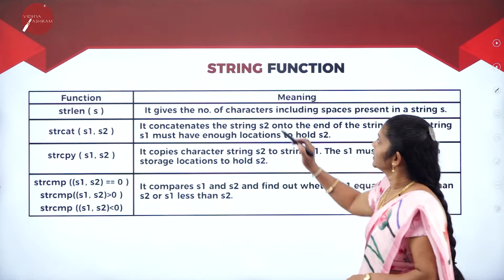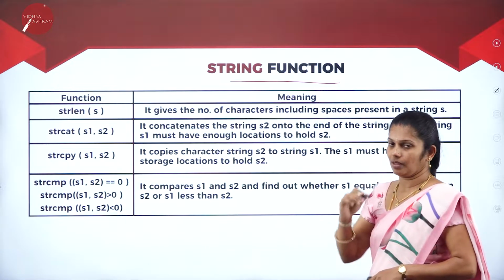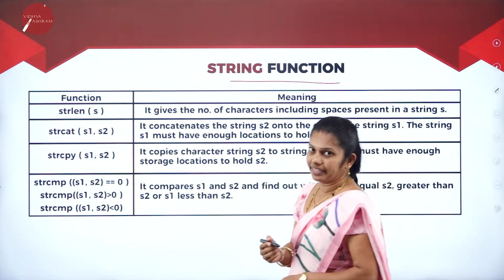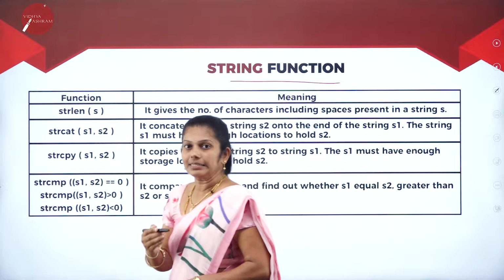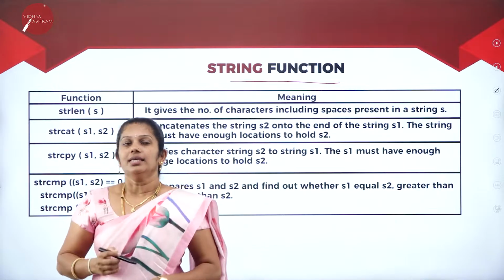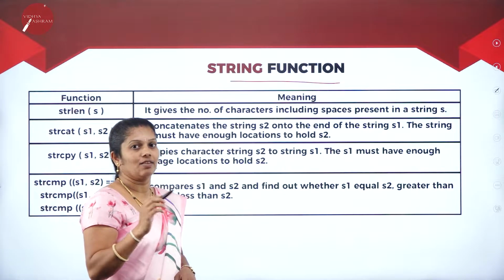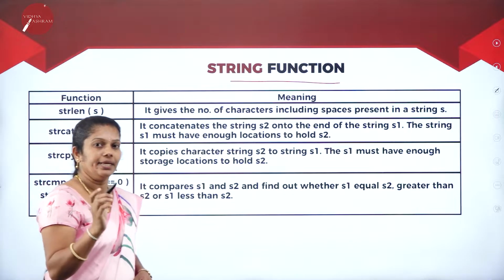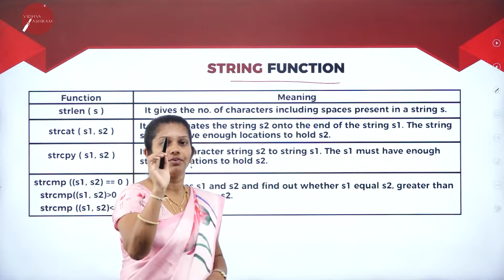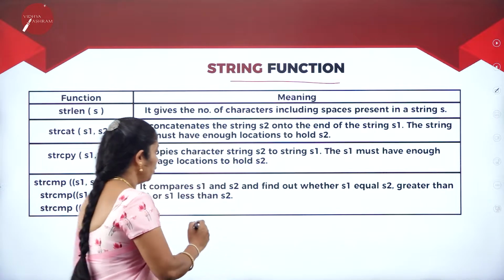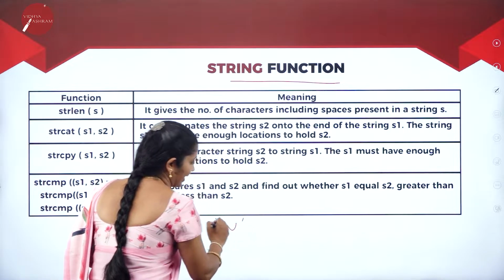Under that, string functions. Now you already know the mathematical functions as well as the character manipulation functions. The next one is string functions. The name itself suggests string functions apply to a given string. Already I told you if I have only n, that is a character function.